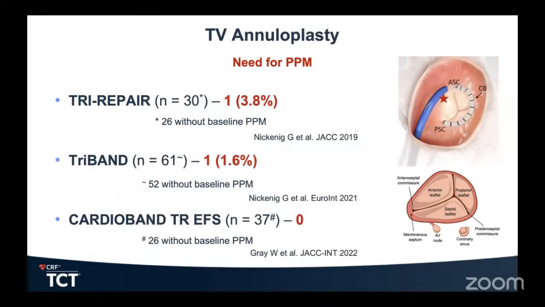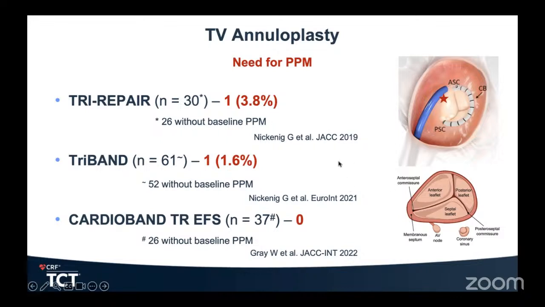So then we go to the annuloplasty devices. This is another procedure which is basically reproducing the surgical annuloplasty. As you can see here, the ring is designed not to be complete and to spare the portion where the atrioventricular node is penetrating the membranous septum, to minimize such risk of heart block.